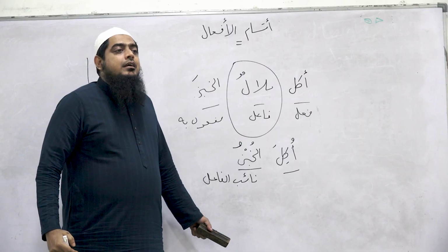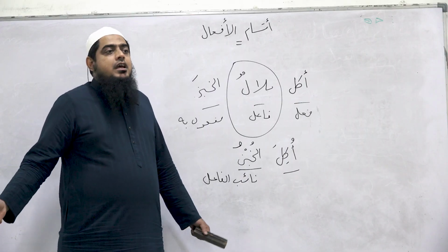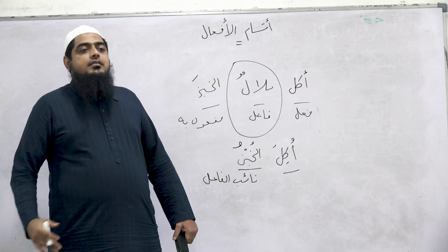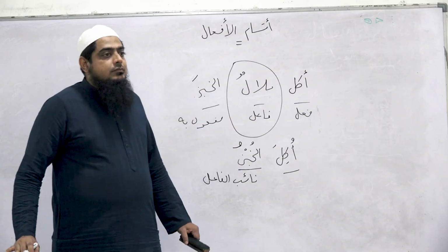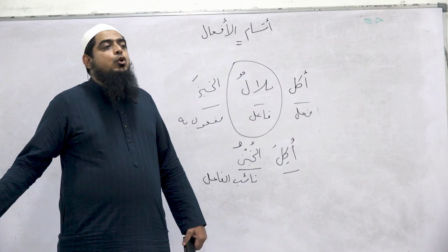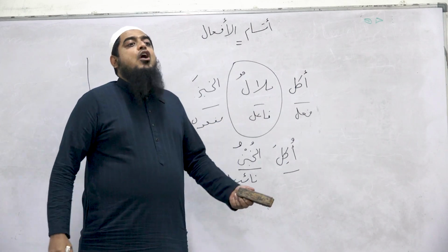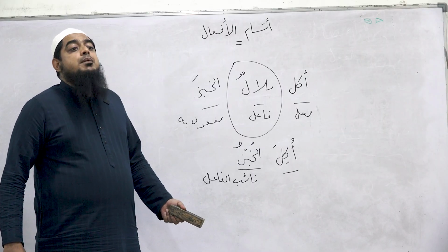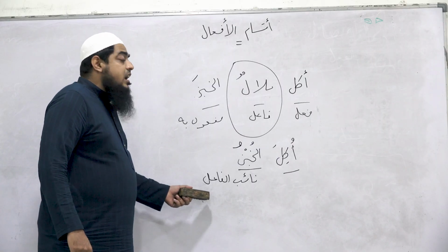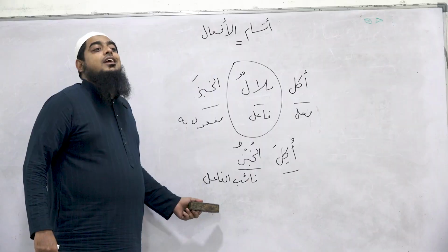Na'ib meaning a deputy, your assistant. You didn't go, but you send your assistant there. So he is your na'ib. You deputized somebody to do your job. So then we call him na'ib in the Arabic language. So this is not fa'il, but it is na'ibul fa'il.